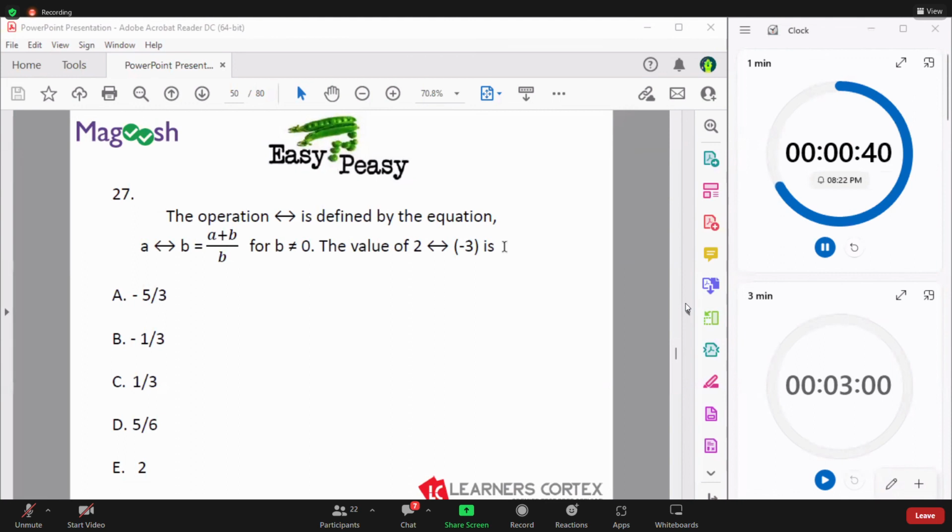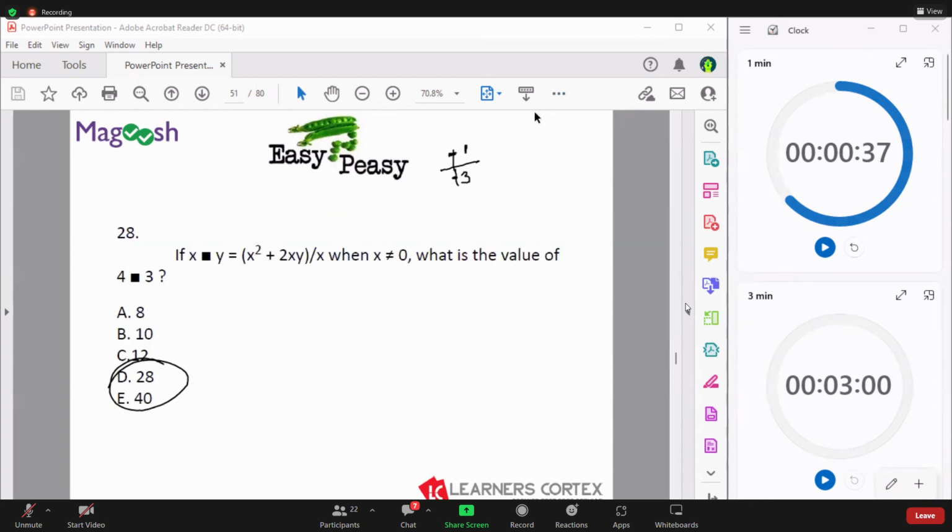Okay, so 2 plus -3 will give us -1, and the value of b is -3. So this becomes 1 by 3. So 1 by 3 would be the answer.